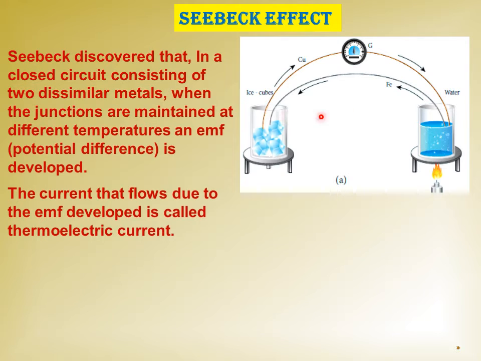So both ends differ in temperature. One is very cold and another one is very hot. Due to this, the current that flows due to the EMF developed is called the thermoelectric current.